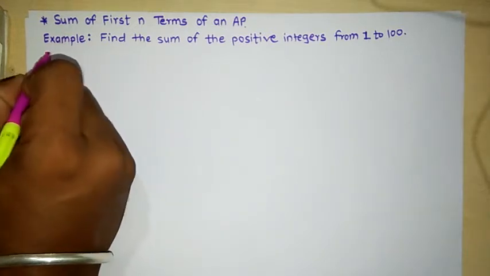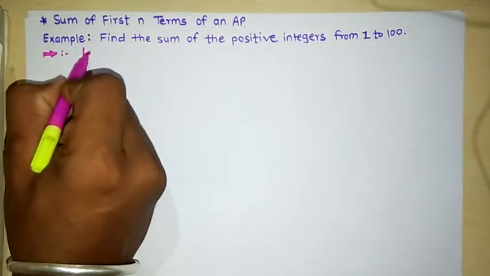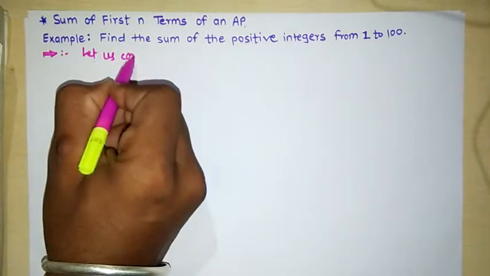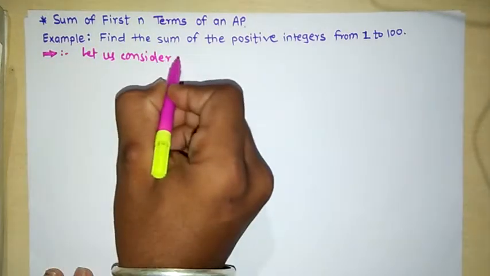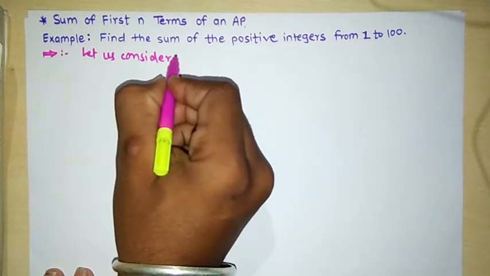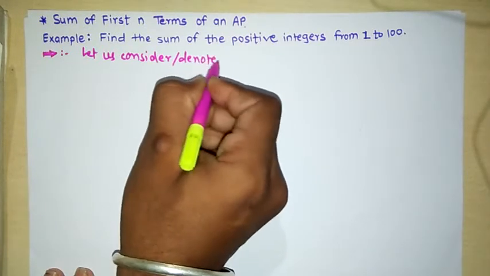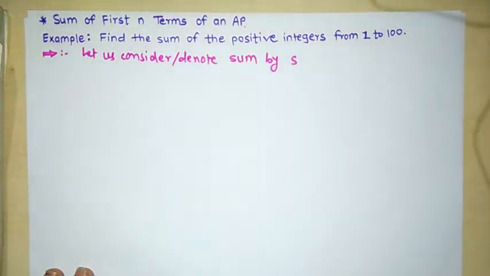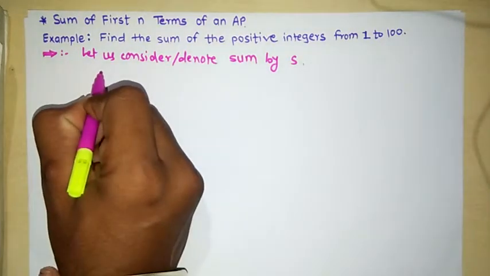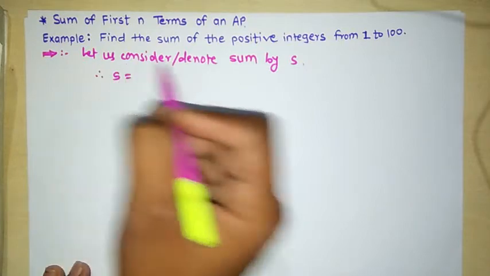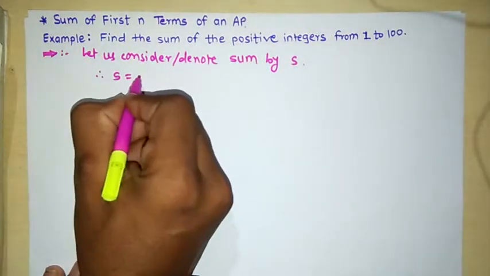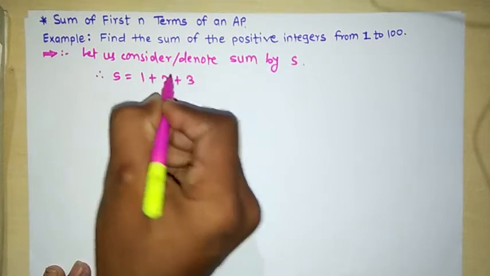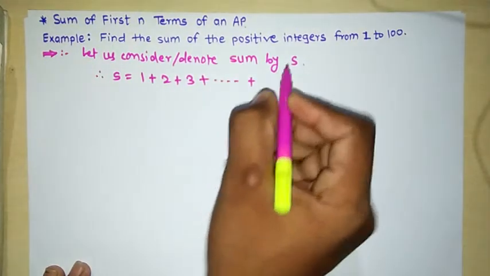Now see here, let us consider or denote the sum by the letter S. We will denote the sum of the numbers by the letter S. Therefore, S is equal to 1 plus 2 plus 3 plus dash dash dash plus 100.